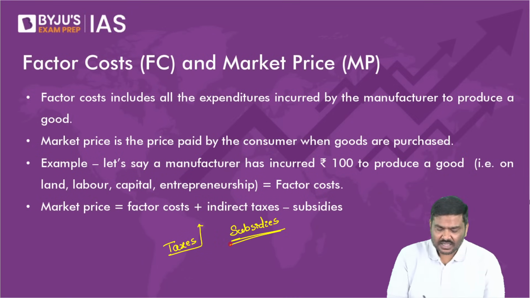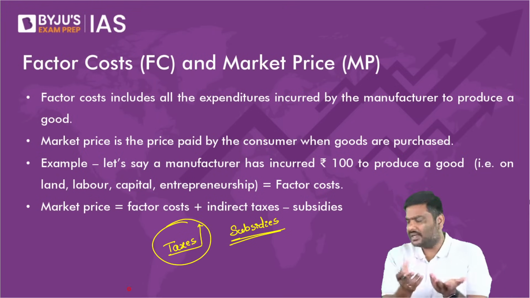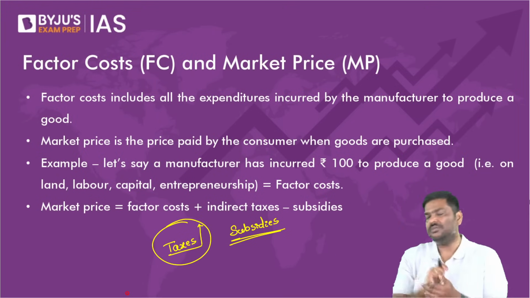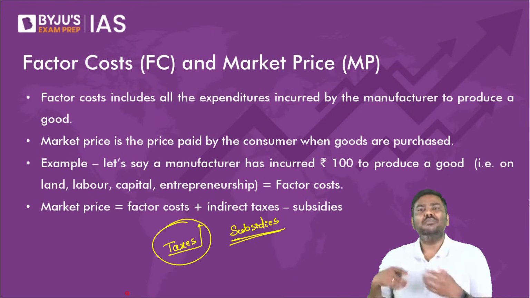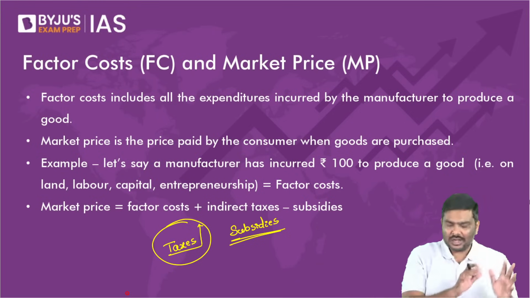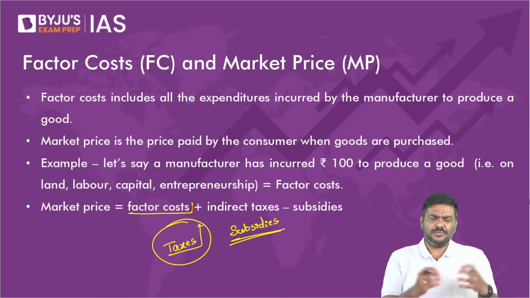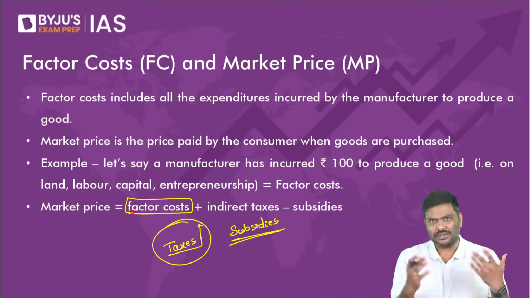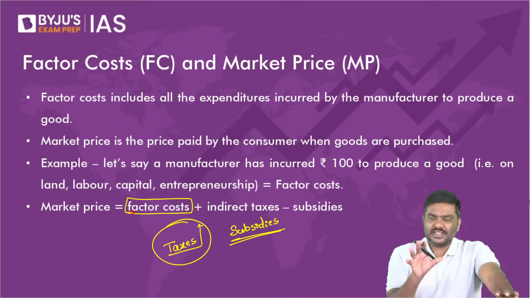The taxes imposed by the government on a product will increase the market price of the product, and the subsidies will reduce the market price of the product. Now, what is the basic idea here? Earlier, we used to simply consider the cost price, that is basically the sum total of factor cost. In fact, subsidies were also counted earlier. Now, what is this idea?